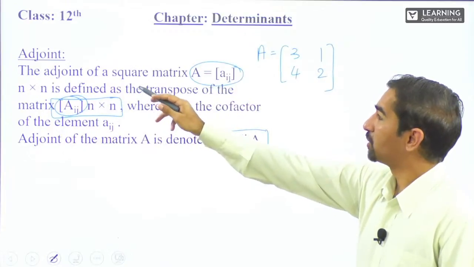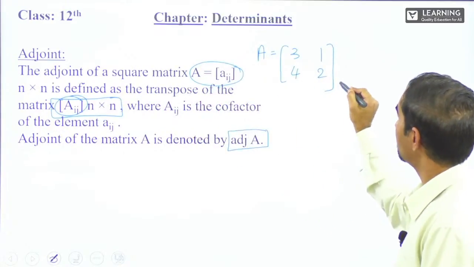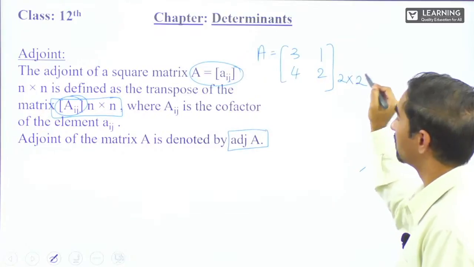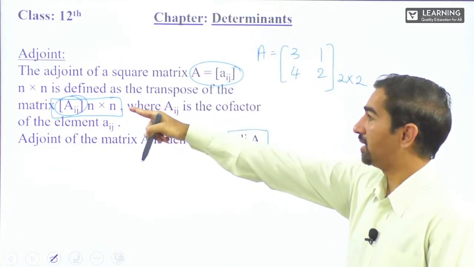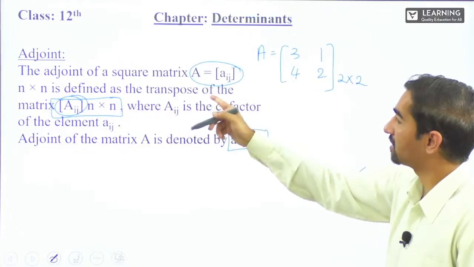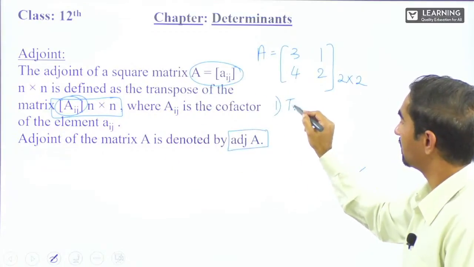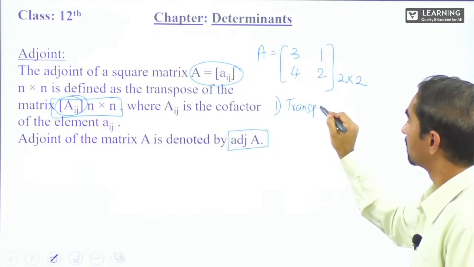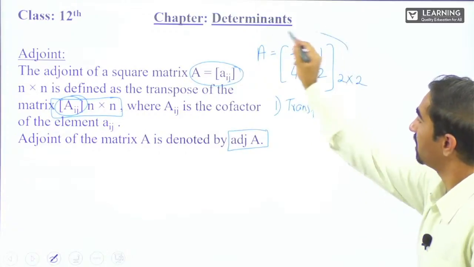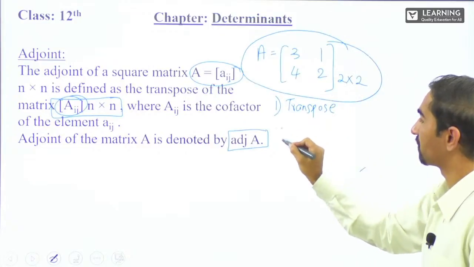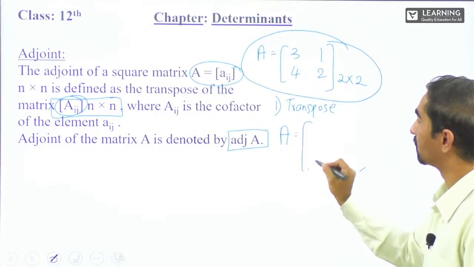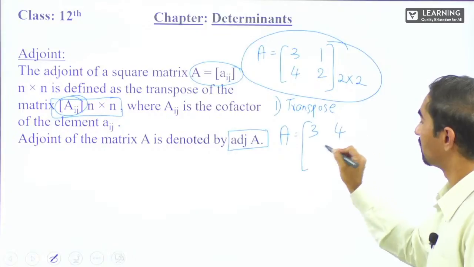So read the definition: the adjoint of the square matrix A. What is the order here? 2 cross 2. Of order n cross n, 2 cross 2, is defined as the transpose of the matrix. So what we have to do here, as the first step, is take the transpose of whatever square matrix is given. So we will be getting A equal to 3, 4, 1, 2.